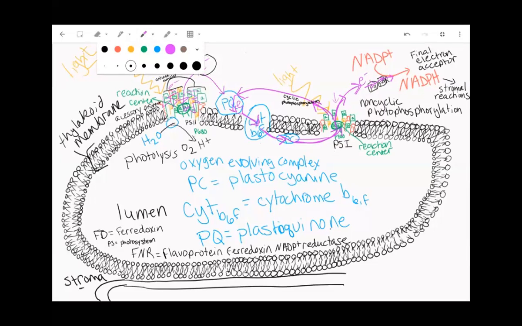Well, the electrons are going to be stripped off and given to our reaction center to replace its missing electrons. The oxygen that we just made is going to diffuse out.